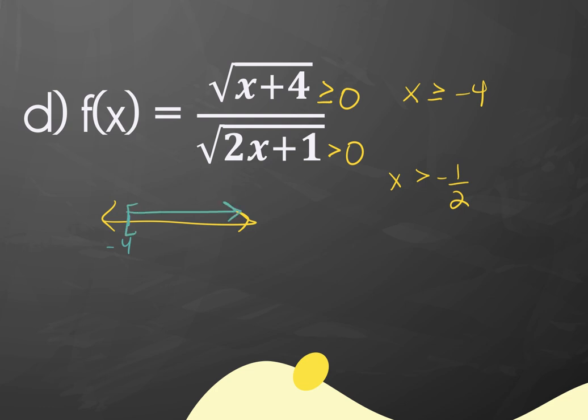That would be from my numerator. If I said it had to be greater than -1/2, then I'd have a -1/2, and I'd have a parentheses, and it'd be pointing to the right. And the domain restriction is the overlap of these two. So it'd be from -1/2 to positive infinity. It has to be true for both.